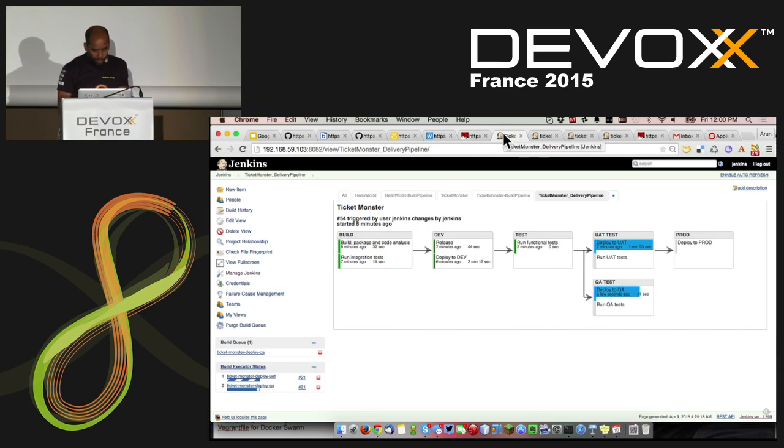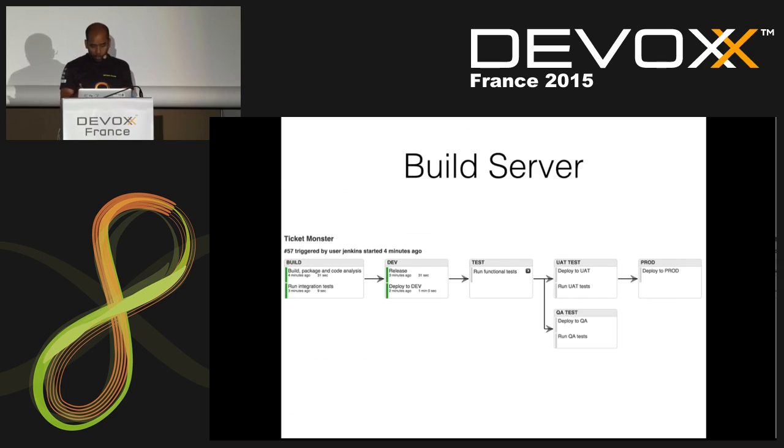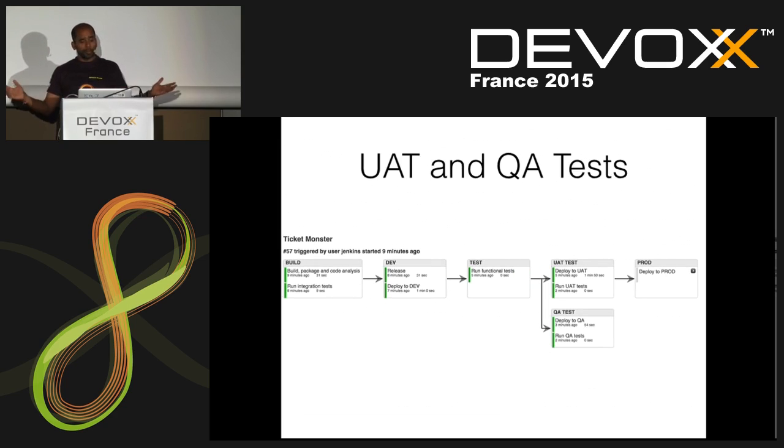All right, so let me go back to the slides here. What I showed you is how easy it is to get this whole build server up and running. Then you can trigger a particular run by clicking on an arrow to run your functional tests. UAT and QA could be done in parallel. Finally, you can say deploy to prod, which is a manual step again.